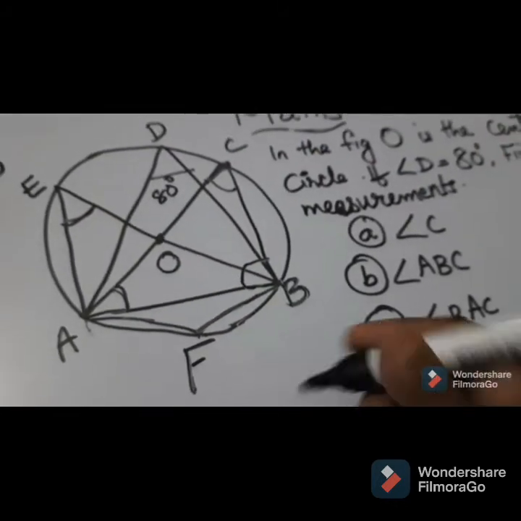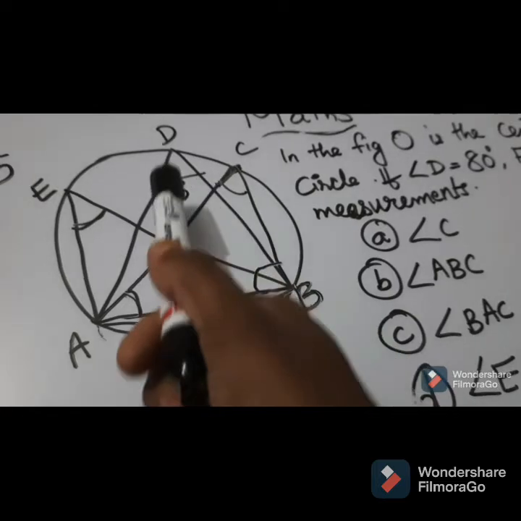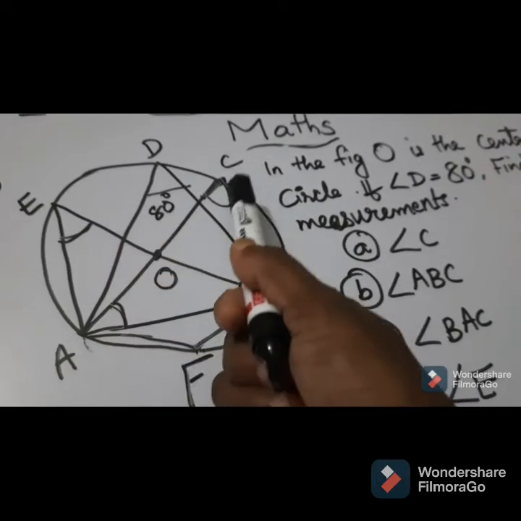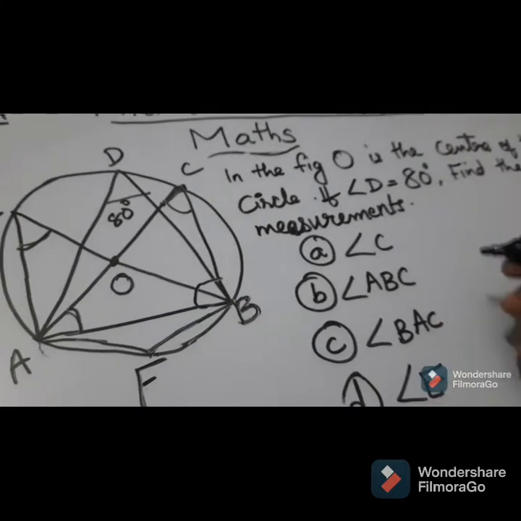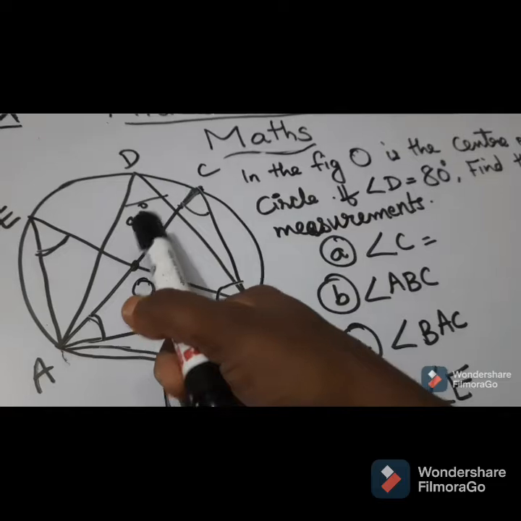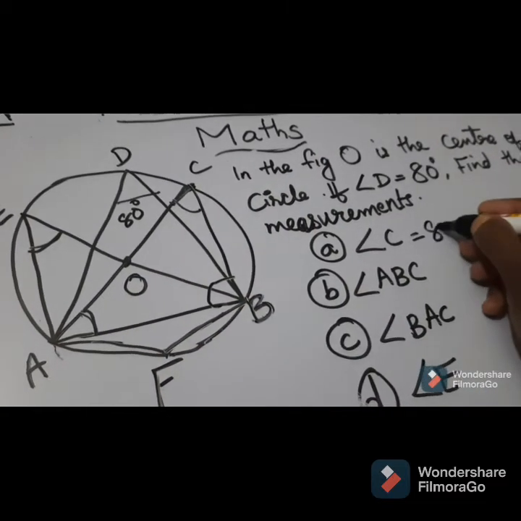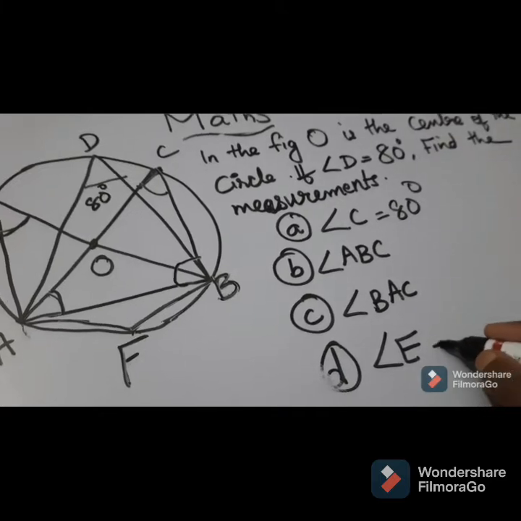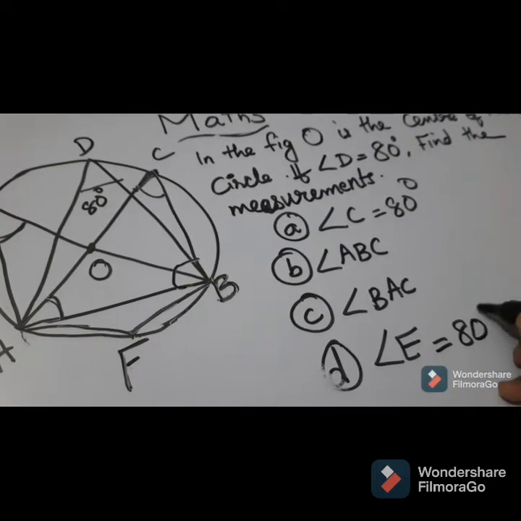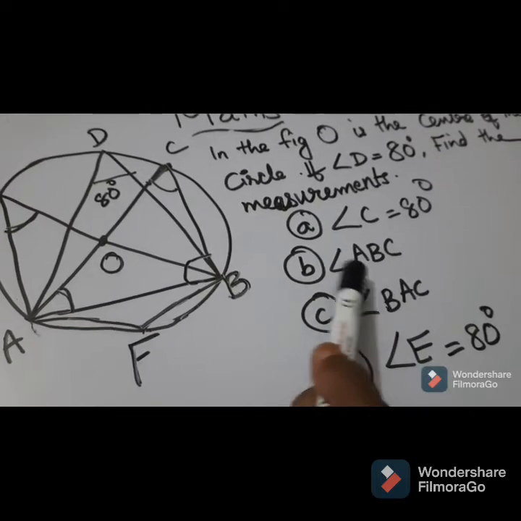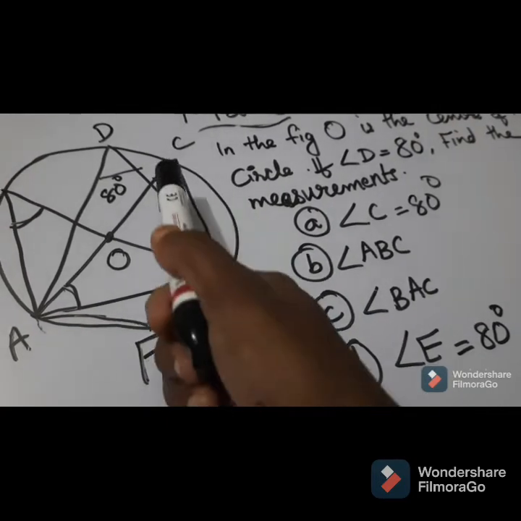So angle C, we know this angle E, angle D, and angle C are lying in the same segment. That is, angle C is equal to 80 degrees. Likewise, this angle E is also 80 degrees. Then they are asking angle ABC.